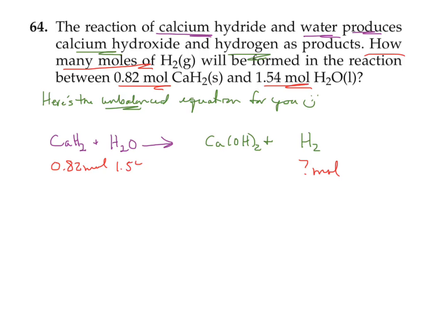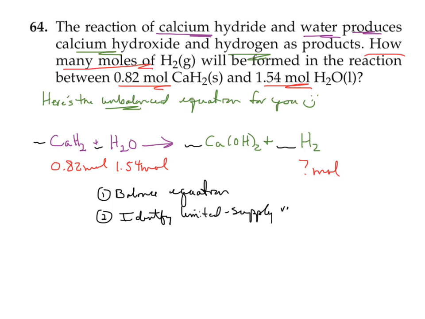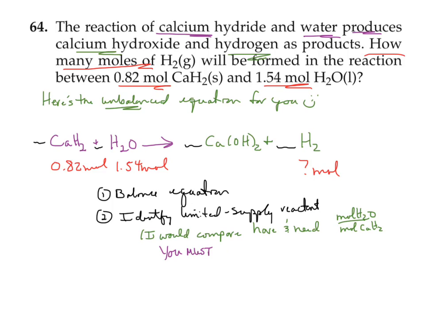Okay, so your have moles are 0.82 moles of calcium hydride and 1.54 moles of water. That's what you have, right? And you're supposed to get the moles of H2 produced. So similar to 63, you need to balance the equation, and identify the reactant that's in limited supply, either the calcium hydride or the water.